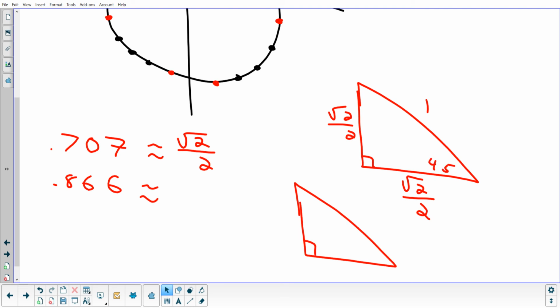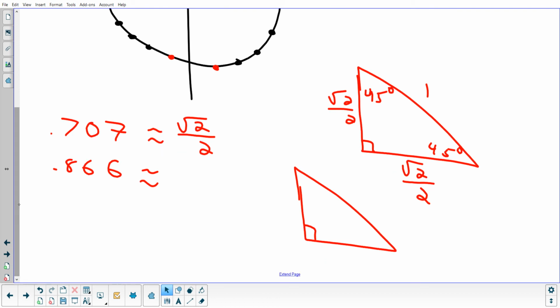This was your 45, 45, 90. Does anyone remember what the sides are in the 30, 60, 90? Yeah? So 1, 2, square root of 3?